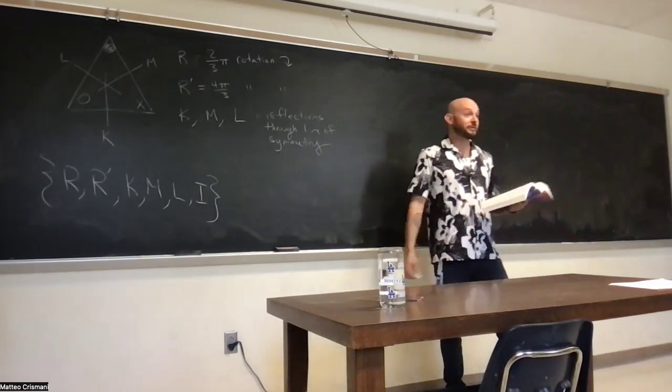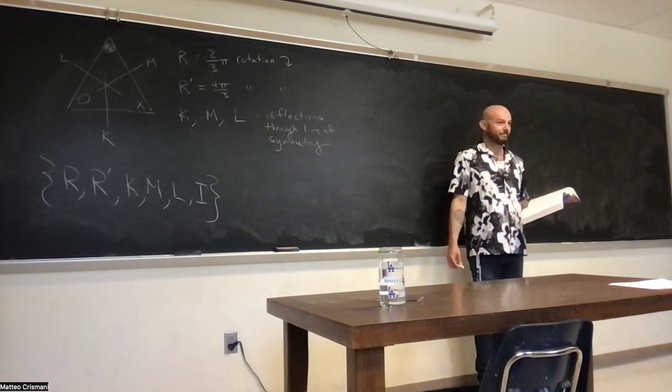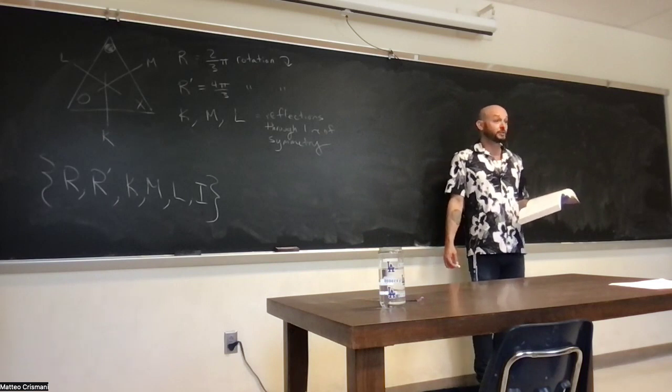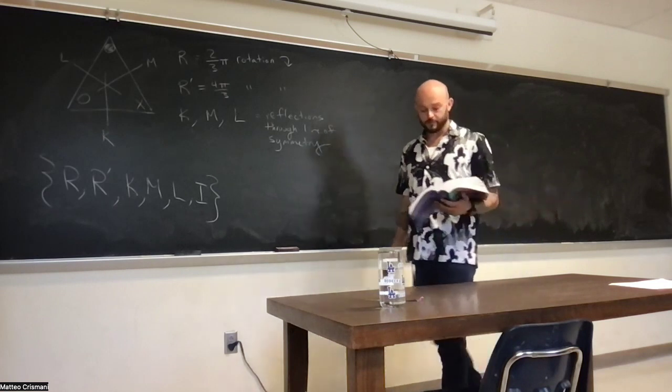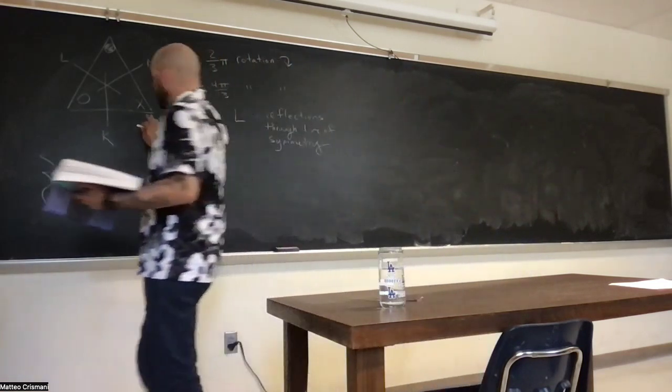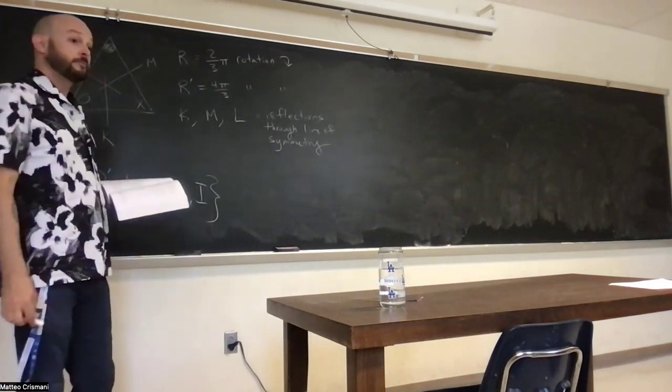Okay, so now let's prove the fun ones. Let's prove K and M. Let's use K dot M. What do I get? Let's start with this one. Let's apply M to it.